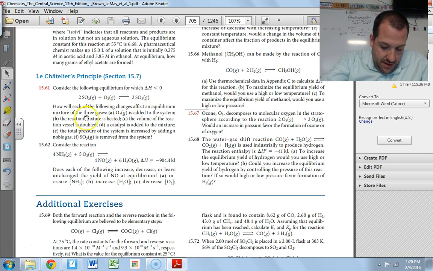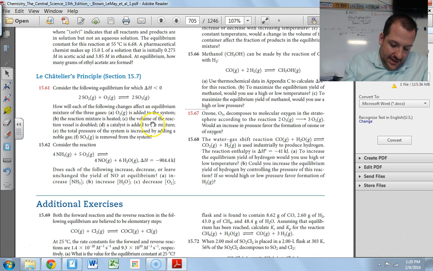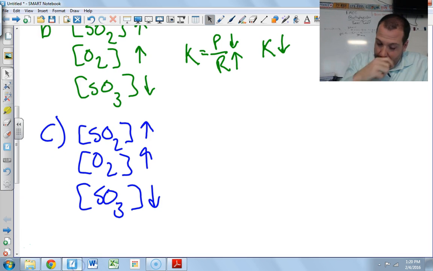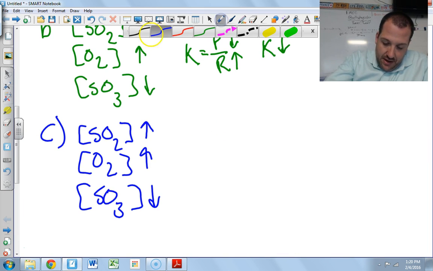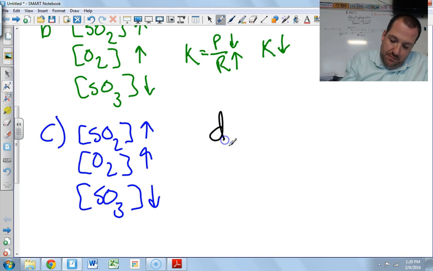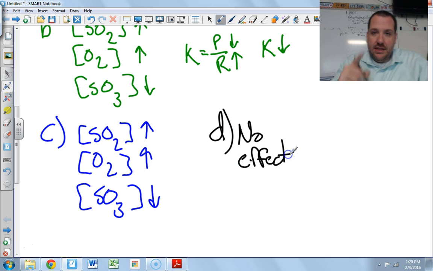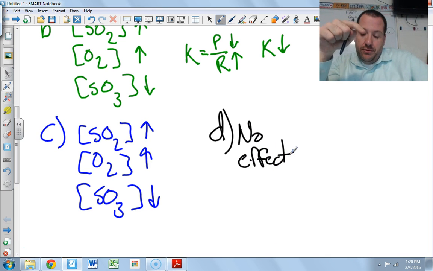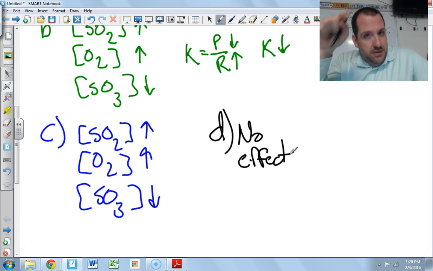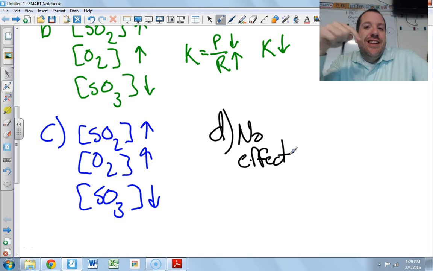Okay, now for D, a catalyst is added to the mixture. I'll do that in black. There's no effect. A catalyst is only used to change the speed of the reaction, not its equilibrium concentration.